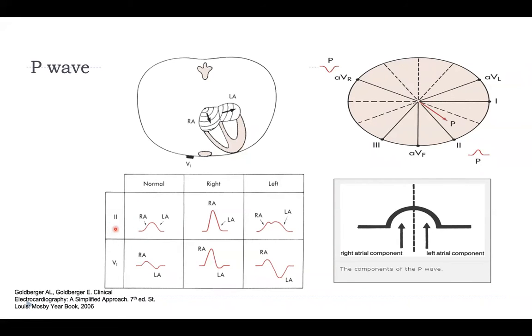Aside from that, we can learn the abnormalities of the P wave. If there is an enlargement of the right atrium, we will appreciate a tall P wave. Otherwise, when we see an M shape of the P wave at lead 2, we will appreciate that there is an enlargement of the left atrium.